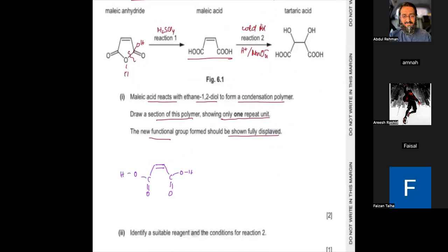As it's undergoing condensation with ethane diol, it is going to release its OH. Ethane diol is a two carbon compound and each carbon has an OH. So it releases its H and O bonds over here, then CH2, then CH2, then O, and that's it. So this is the one repeat unit. I hope it's understandable to all of you.